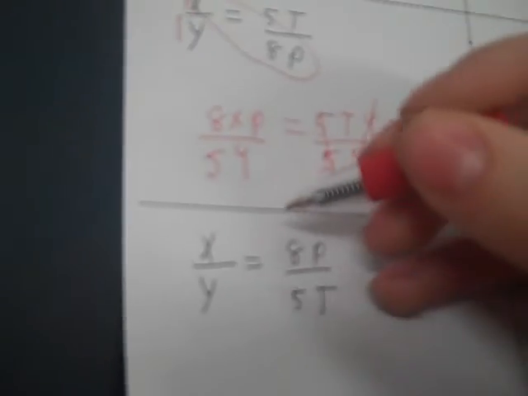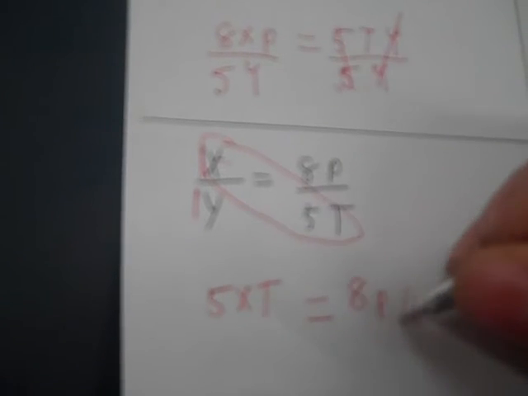Okay, then the next one, you're trying to get t by itself out of the proportion. So put a 1 there. 1 times 5 is 5, and you put xt or tx. Now on the other side, put a 1. 8 times 1 is 8. You don't have to put a 1, you just have an 8, and that would be py or yp.